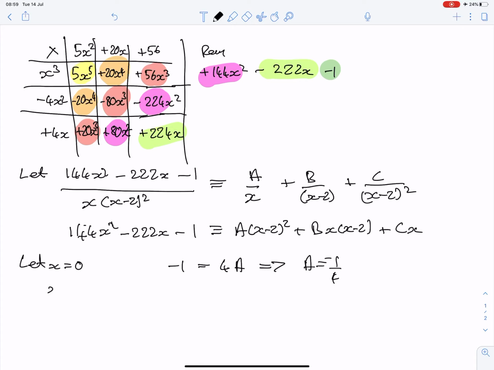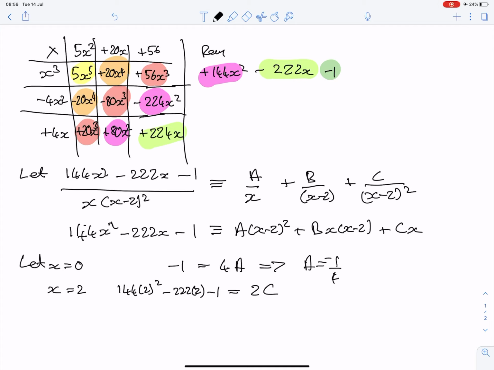If we let x equal 2, we're going to get 144 times 2 squared minus 222 times 2 minus 1 equals 0 from here, 0 from here, so it will be 2c.